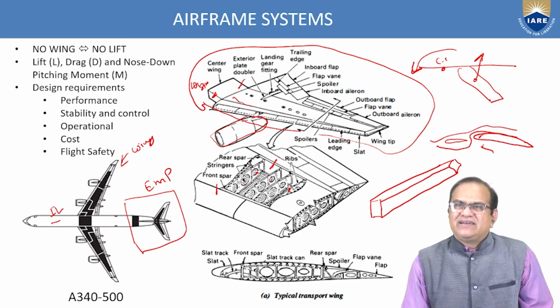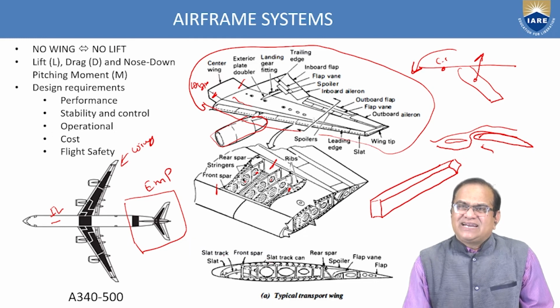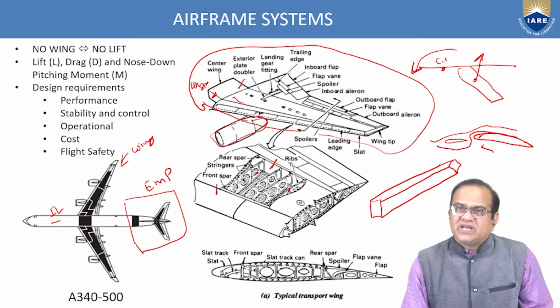Slat track: here slats are put inside, and this can be moved up and down. Here slat track, slat here, this I told you just now, it will go out. This slat will go like this.